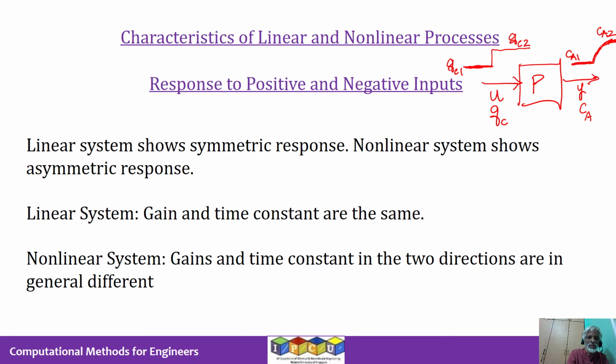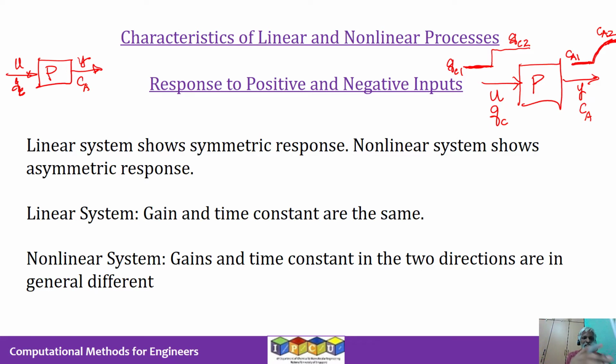You can also think of a situation where the same process is operating, where the generic symbol is U for inputs and Y for the output. But in this case, let's say QC is the physical variable, coolant flow rate. C subscript indicates coolant, Q indicates flow rate, and the concentration of species A is Ca.